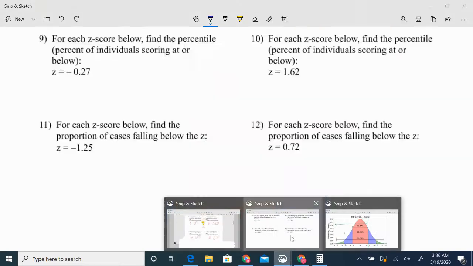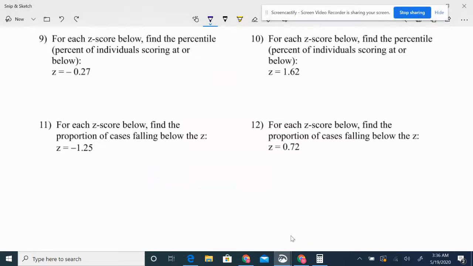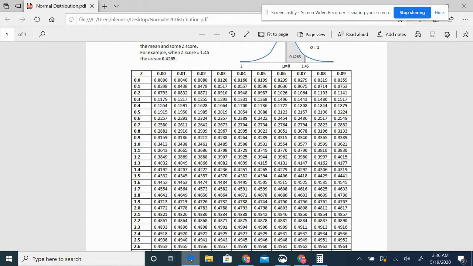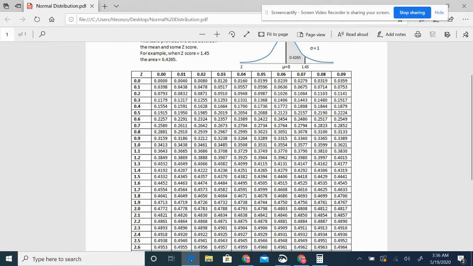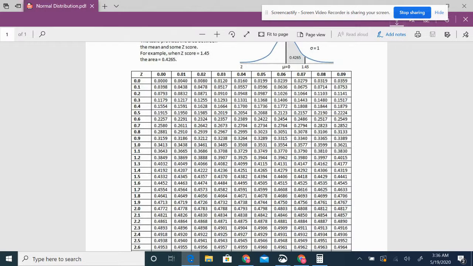Let's talk a little more with an example. For each z-score below, find the percentile or percent of individuals scoring at or below negative 0.27. Let me show you guys how to do this. Remember, my z-score is negative 0.27. This table gives me my first decimal place, so I should be looking at this row right here, 0.2.